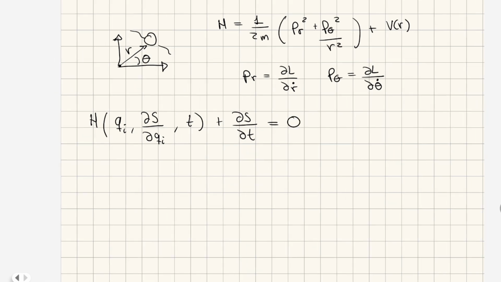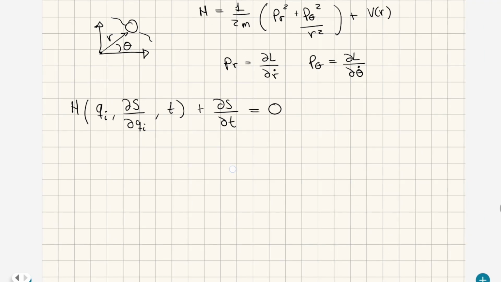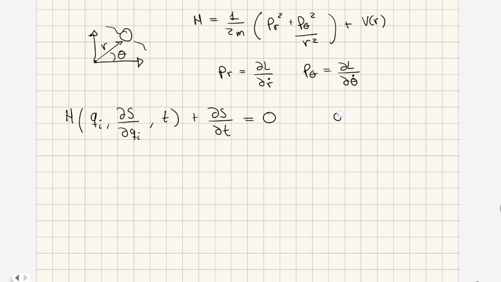Remember that here we take S as a function that is a generating function for a canonical transformation. This is the meaning that we have been giving to this S. And in this case, for our system, we have 2 generalized coordinates. Of course, the first one could be the radius, and the second one will be theta.